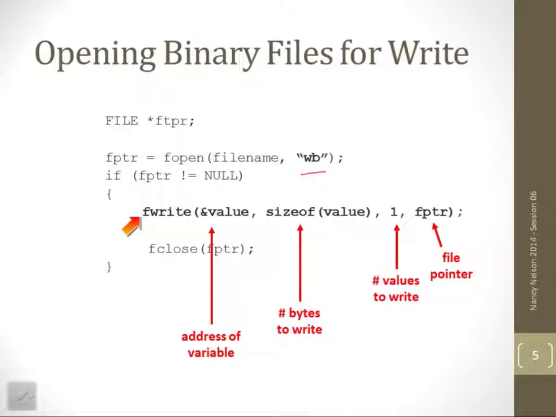So here we have F for file, write for the operation that we're going to do, and it is almost exactly the same as what was in our fread. So the address of the variable that we want to write to the file, how big that variable is, how many of them we're writing at once, and our link to the file.